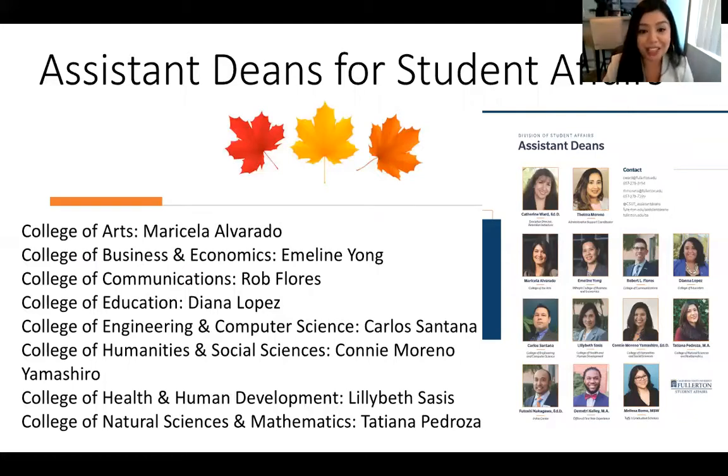If you're part of the College of Communication, you already met your Assistant Dean here, Assistant Dean Flores. If you're part of the College of Education, that's Diana Lopez. College of Engineering and Computer Science, Carlos Santana. Myself, HSS, yay. And then College of Health and Human Development, Lilibeth Sasses. And also if you're part of the College of Natural Science and Mathematics, that's Tatiana Pedrosa.